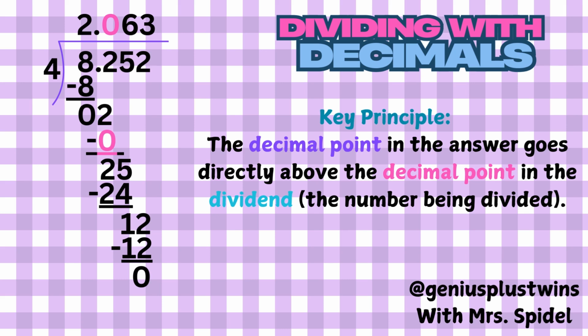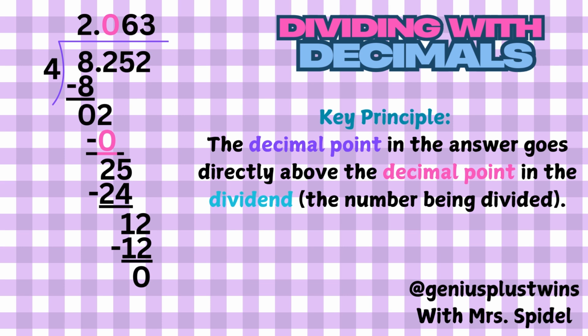Well, I know that 4 times 2 will equal 8. I can place that 8 underneath the existing 8 in the problem. When I subtract, I will get 0. The next part is key for placing my decimal correctly. I place it directly above on the answer line from where it is in the question.